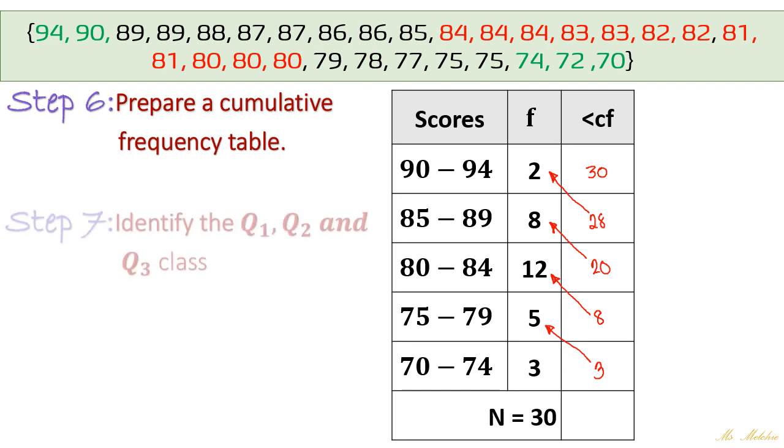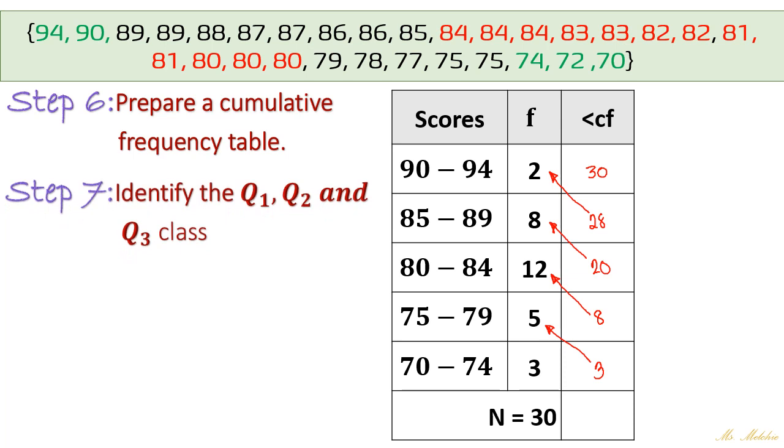Okay, next to that, you need to identify the Q1, Q2, and Q3 class first. Whatever rank or position you are supposed to compute for, you need to identify first which class it belongs to.